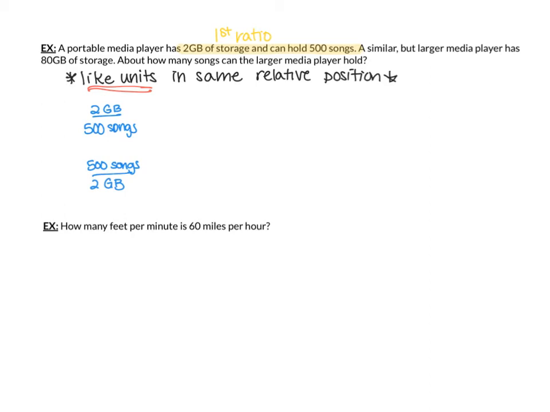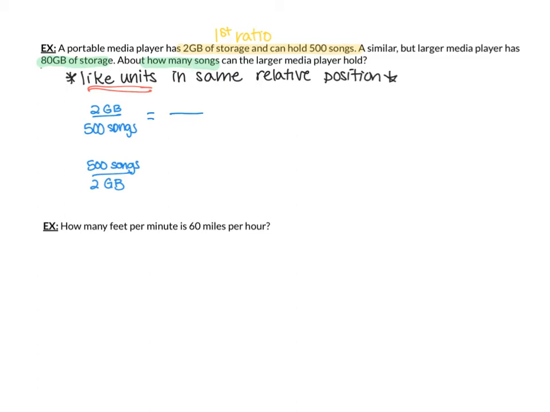Okay, so now we need to look at the second half of this. The second half of this statement says a similar but larger media player has 80 gigs of storage. How many songs? Meaning we don't know how many songs that one holds. If I'm going to set up my ratio for that second half, I need the like units together.